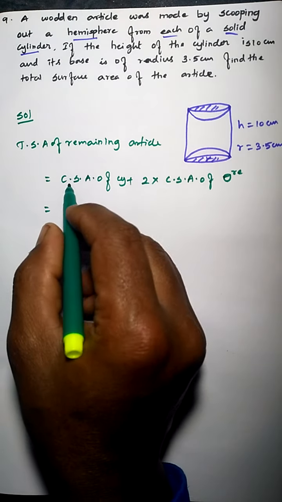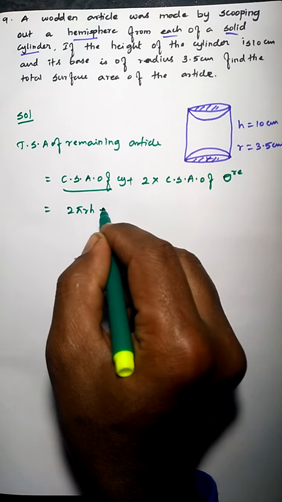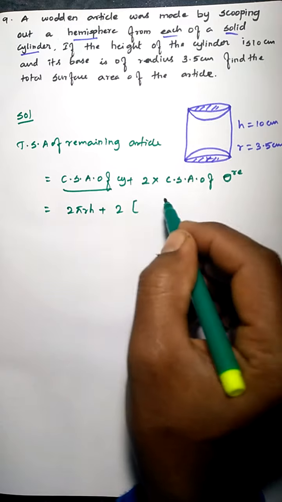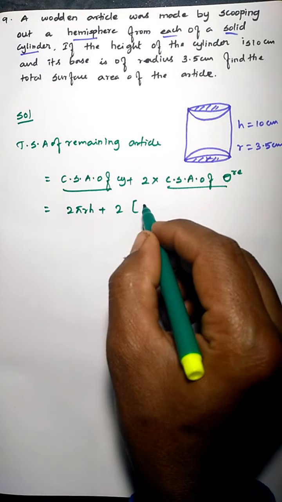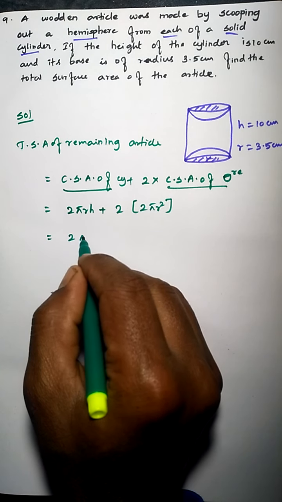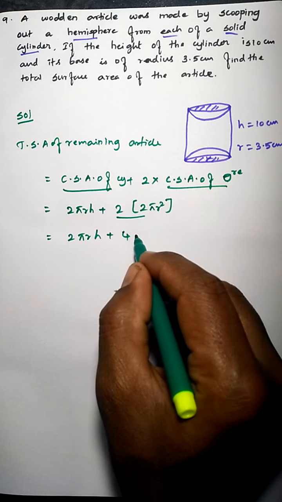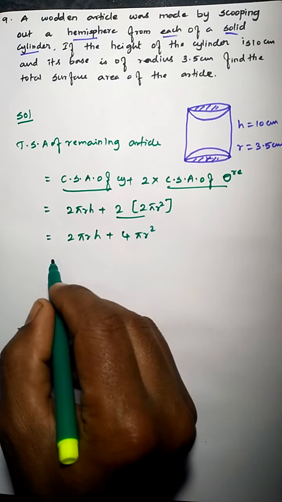Now let's apply the curved surface area of cylinder formula, 2 pi r h, plus 2 into curved surface area of hemisphere formula, 2 pi r square. So 2 pi r h plus, multiplying, you will get 4 pi r square.